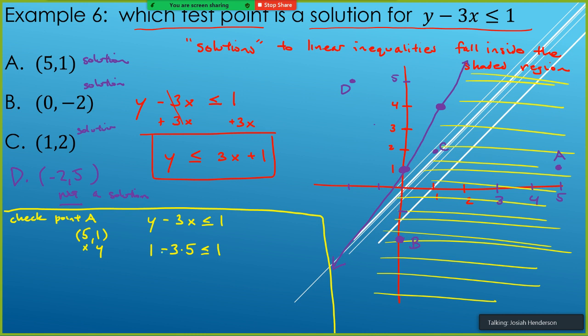So let's simplify the left side. 3 times 5 is 15. So we've got 1 minus 15, and that's negative 14. Is negative 14 less than or equal to 1? Yes, it is. This is correct. So that means 5, 1, point A is a solution.